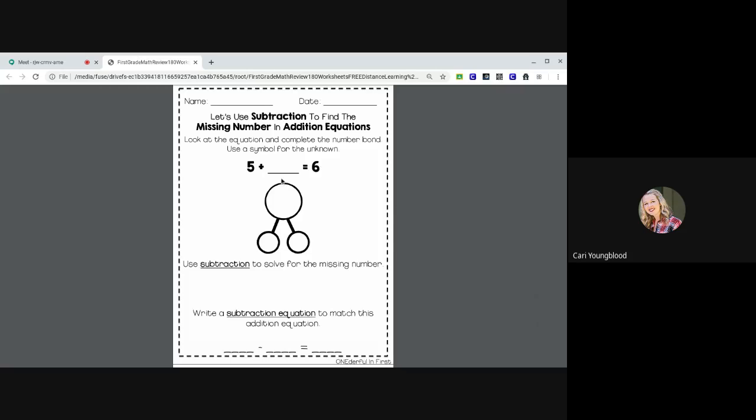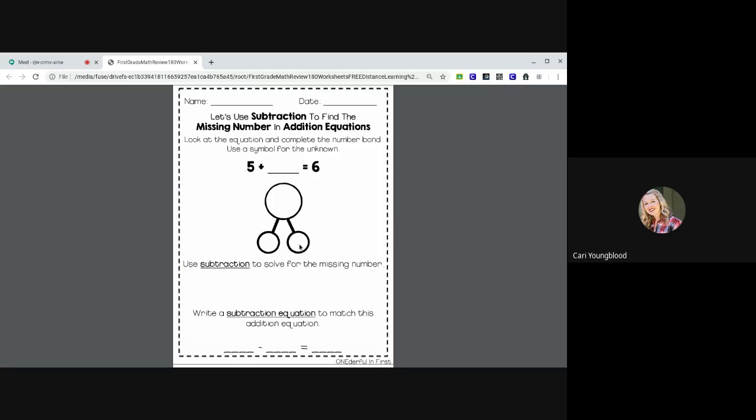When you're done with that, let's look at our add-ins, our two parts that are going to come together. We know one of them. We're not sure what the other is, it's blank, but we are sure that one of those parts is 5. So in one of these part circles, let's write a 5. This other one's going to be empty because it's our blank one.